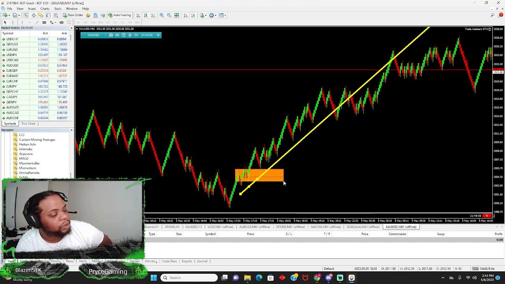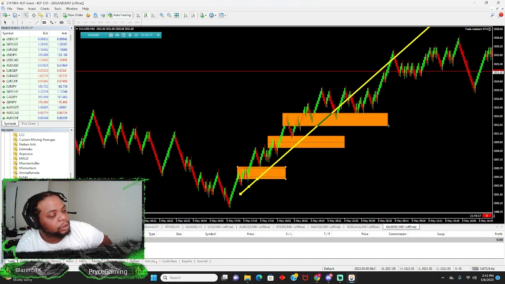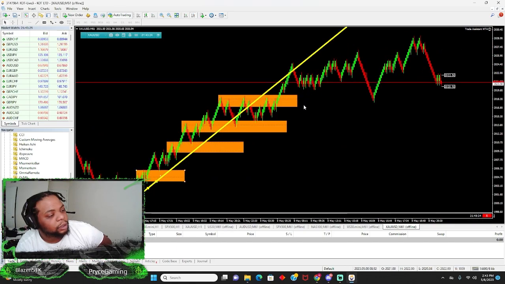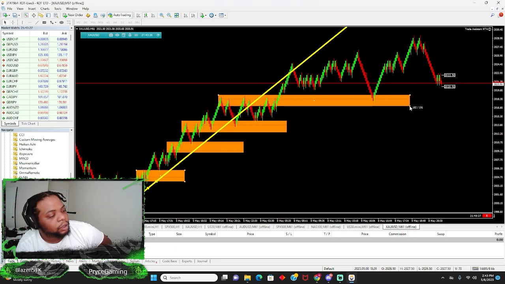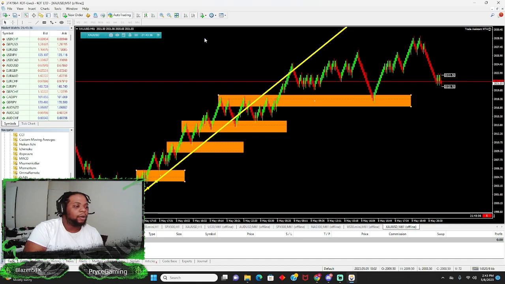So swing highs, swing highs. Swing highs, swing highs. Do you guys see the stairs formation?